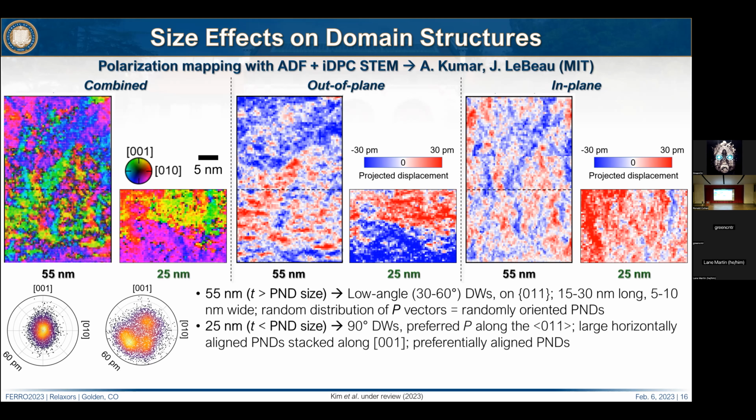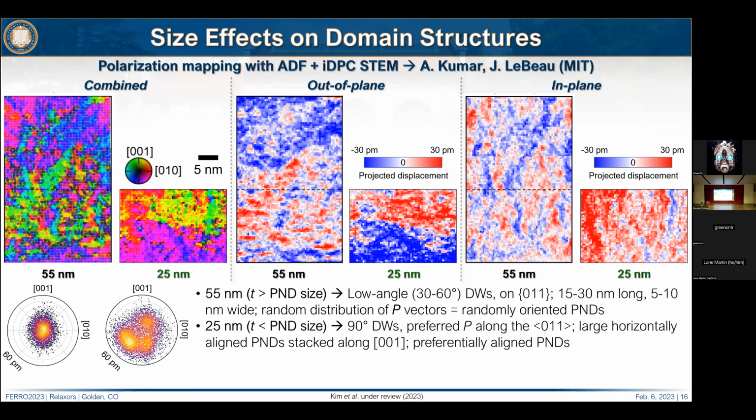Now, if you do the same thing for a 25 nanometer thick film, okay, now we see that things start to change quite a bit. So now we're approaching kind of the length scale of the longer dimension of the polar nanodomains. What we see here is that the domain structures start to get a little bit larger, a little more out-of-plane correlation, and also in-plane correlation in these systems.